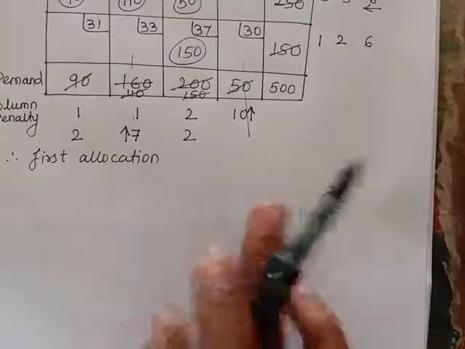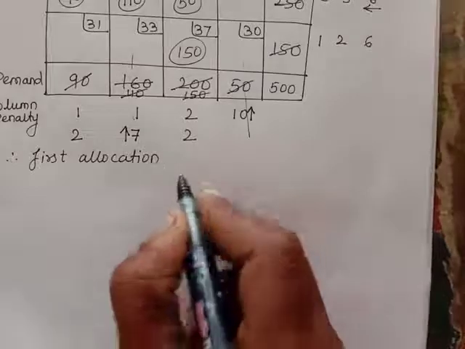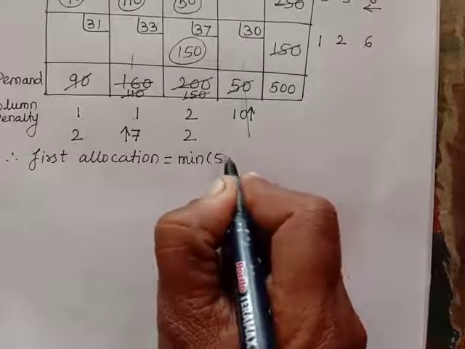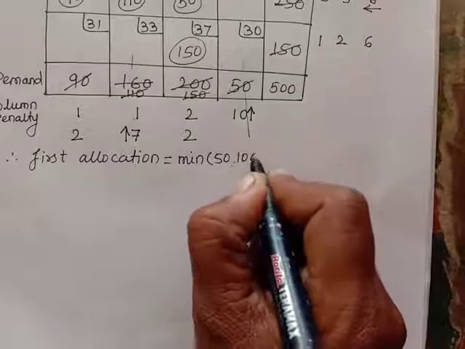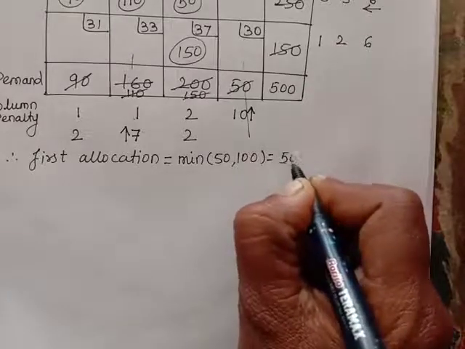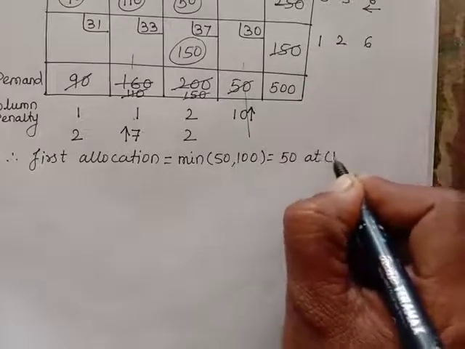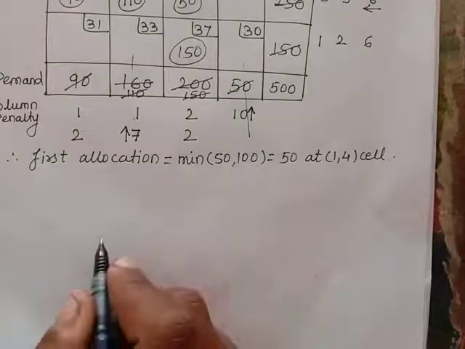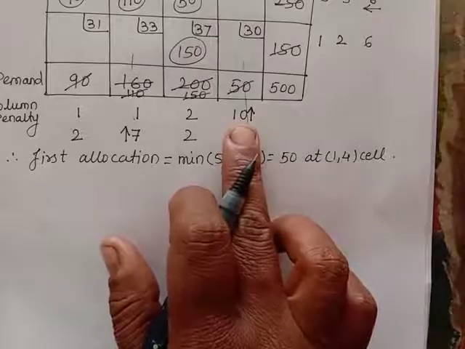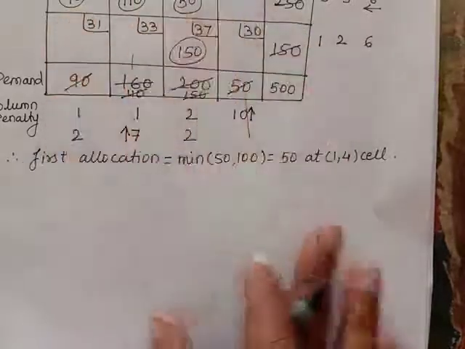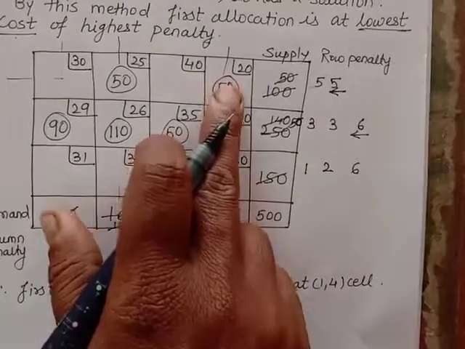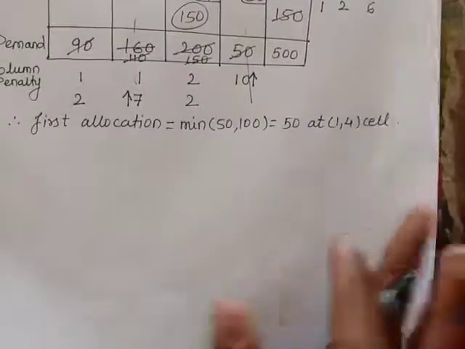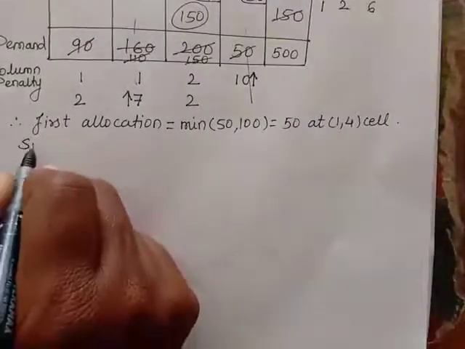Therefore, first allocation is at what? Minimum of 50 and 100, that will be 50 at the 1/4 cell. You know this 10 is the maximum penalty, so we have done that allocation at this 1/4 cell with cost 20.